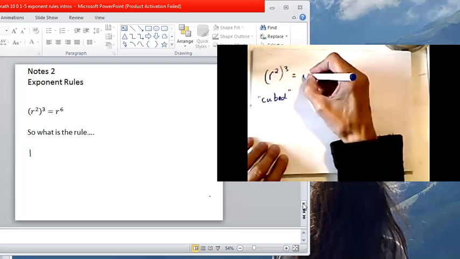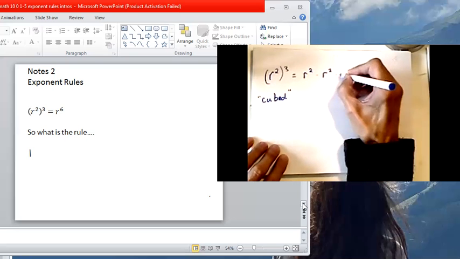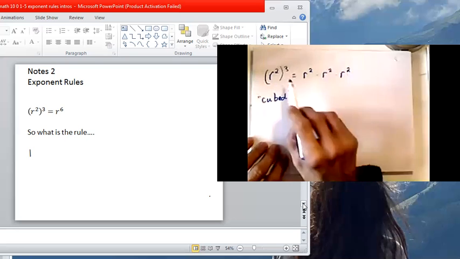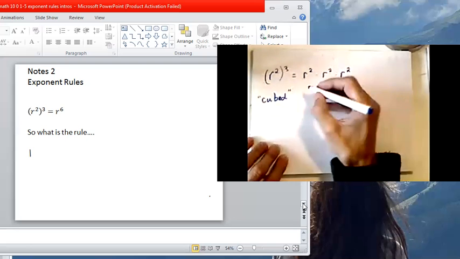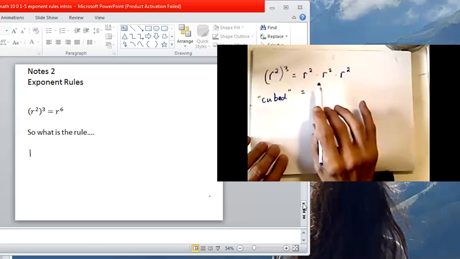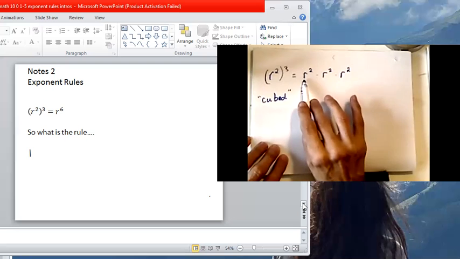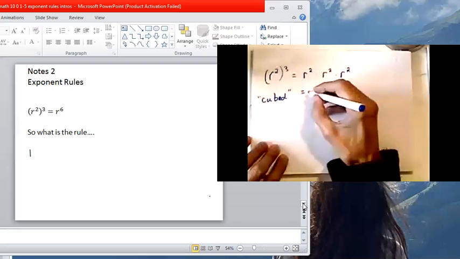So what do we have? We have r squared times r squared times r squared. We have 3 r squareds multiplied together. We saw earlier that when we have the same base and multiplied, that means we add.